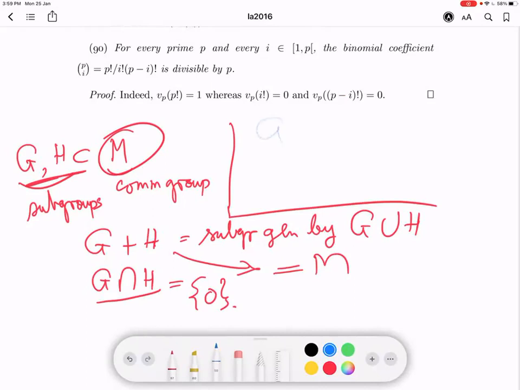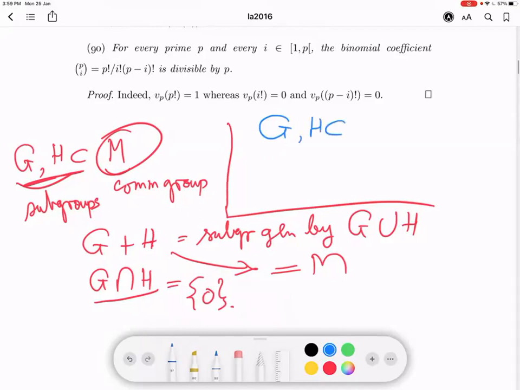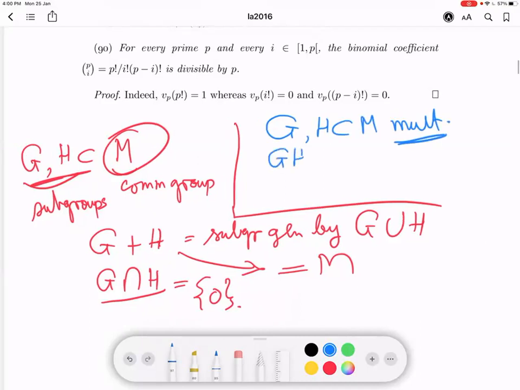So if the notation had been multiplicative, with G and H again subgroups of a commutative group M, but written multiplicatively, then the condition is that GH should be equal to M. And of course, the second condition changes in this way: the intersection should be the trivial element.